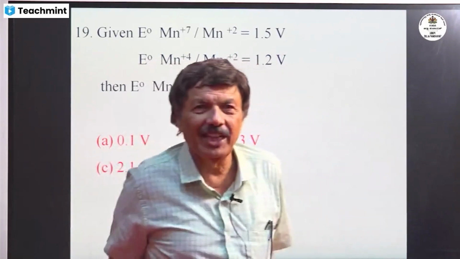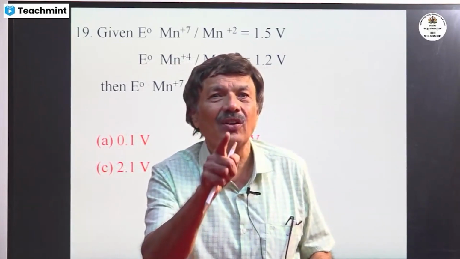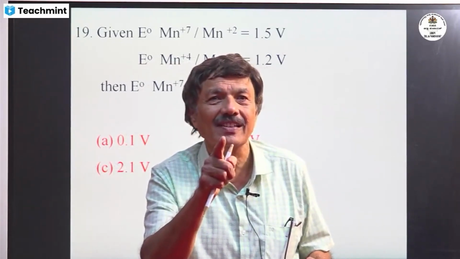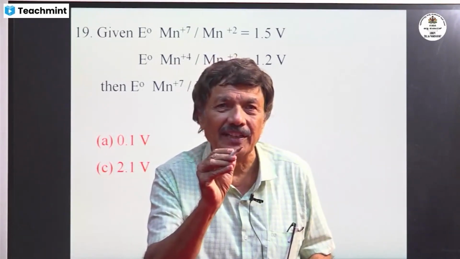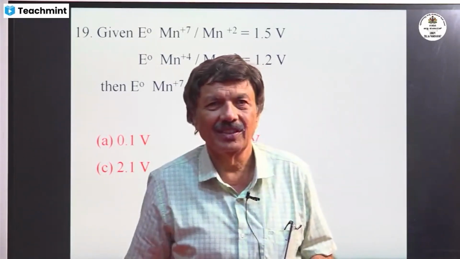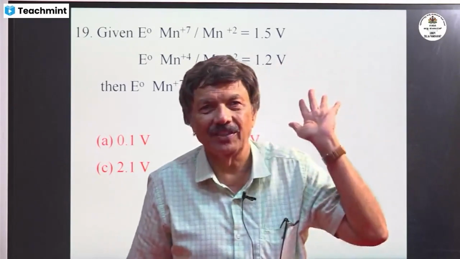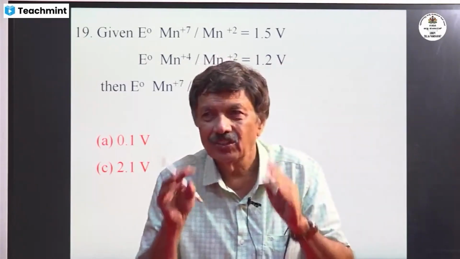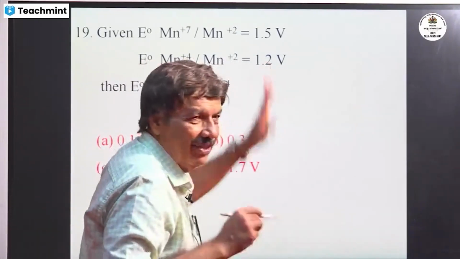Remember, my dear friends, E cell or electrode potentials are intensive properties, not extensive properties. But free energy is an extensive property. You can add free energy. So what we shall do is, we will convert it into free energy, then we'll do.